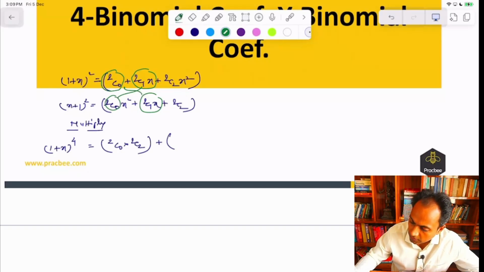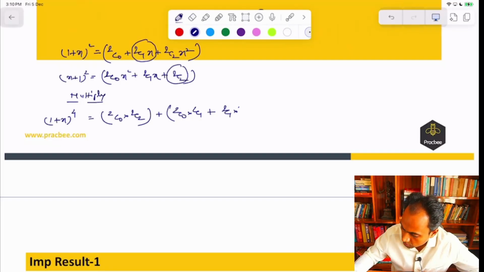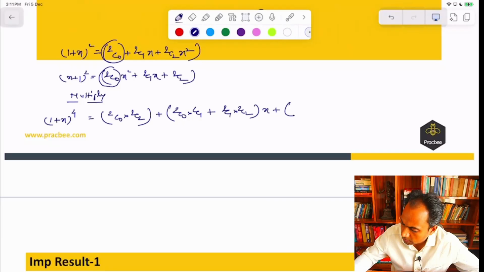So as a result, what are we getting? This will become 2c0 into 2. If I want to get the next term, I will have to take 2c1, that would be this term, and multiply it with 2c2. This becomes 2c1 into 2c2. Then if I want to get the term of x square, I will move ahead and I will multiply this term with 2c0. That will mean 2c0 whole square.